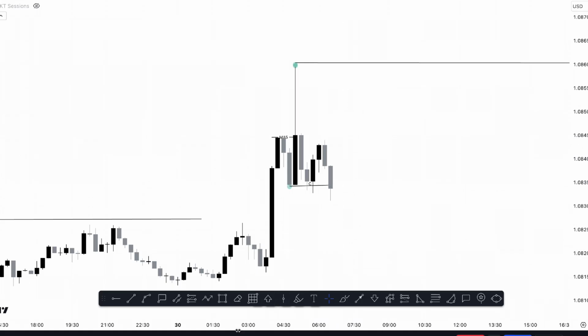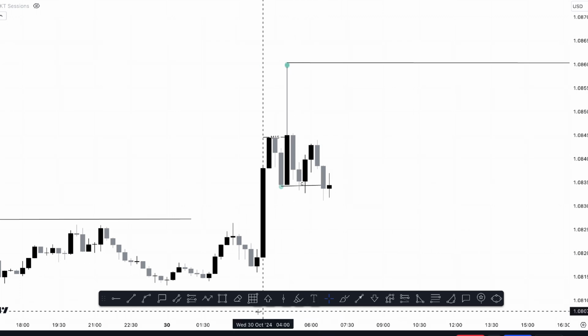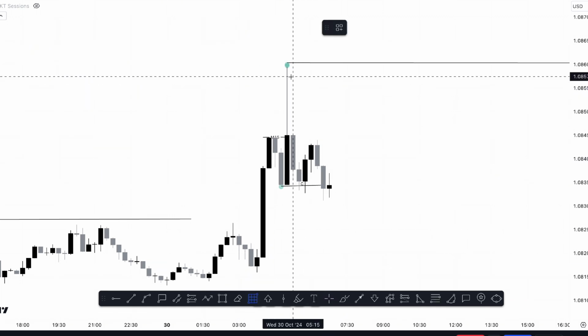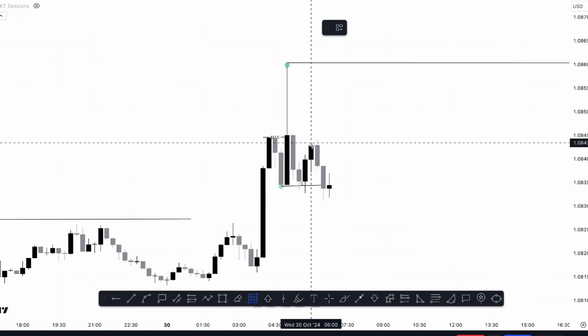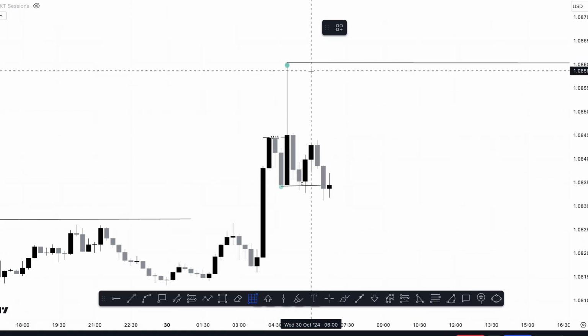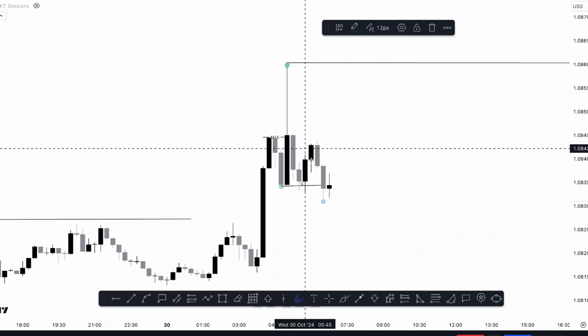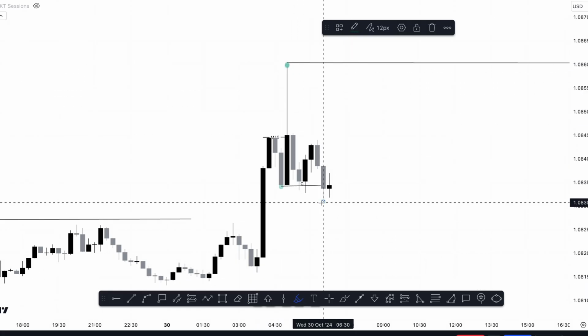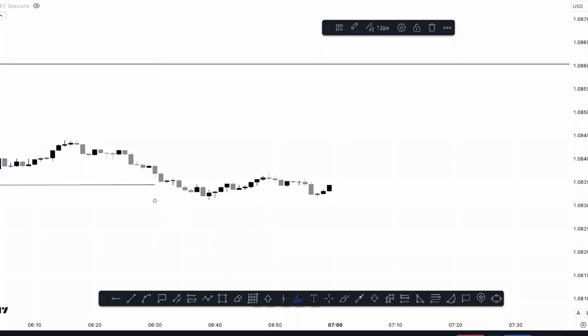I want price to pull back a bit for me to take my trade, right? And I'm interested in price going back up into the 50% mark somewhere inside this area from this high to this low. All right, so now price is realigned. That's when I move to my 1 minute time frame to look for entries.